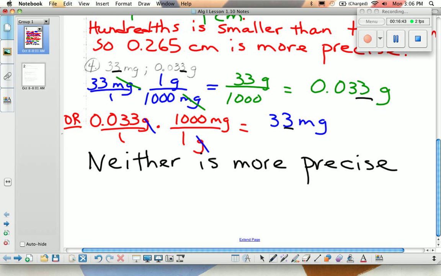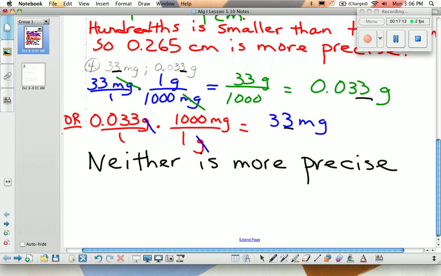So if one of them would have turned out to be 35 milligrams and the other one 33 milligrams, we still would have said neither because they're both measured to the ones place and they're both milligrams. But then, wouldn't it be 33 because it's smaller than 35? Nope, you don't go with how much there is of it. It has to do with how it's measured only. Okay? It's tricky. Precision is tricky.